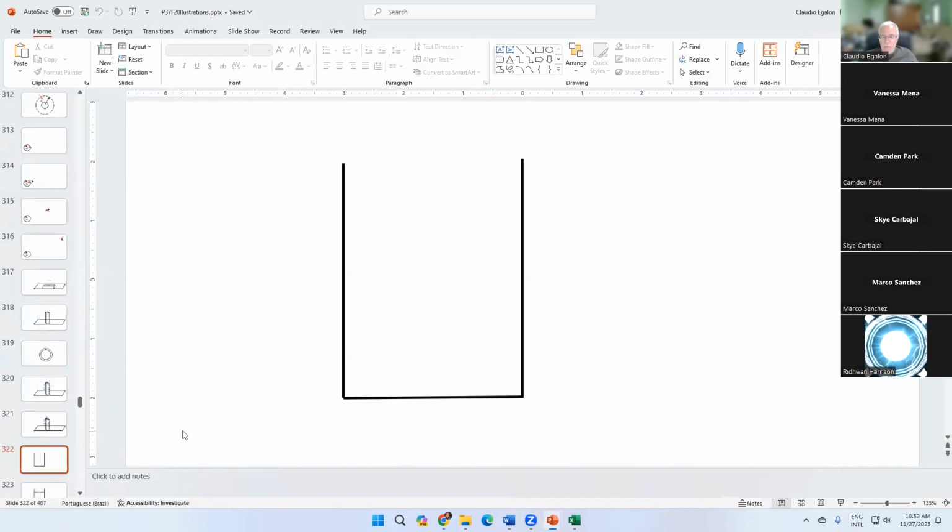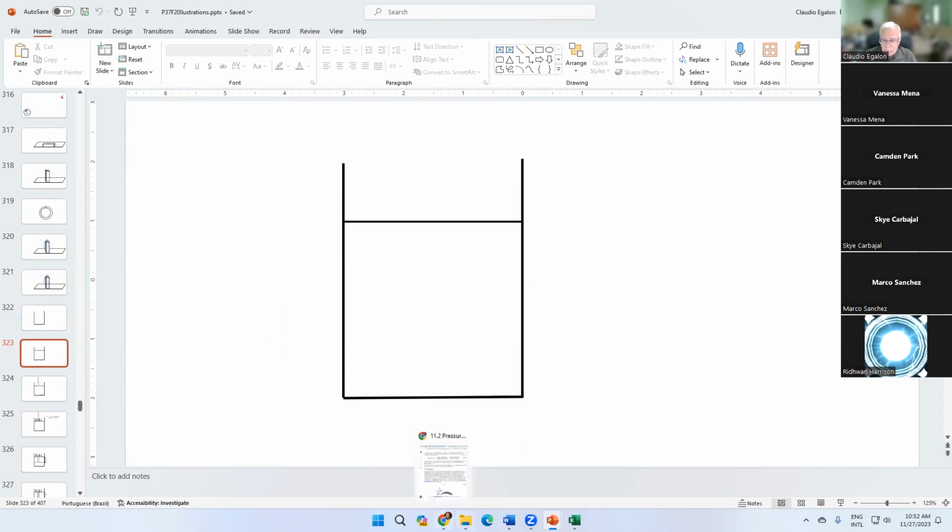And consider this container, and we put water in this container. What we're going to do now is calculate what would be the pressure that a layer of water, a column of water, is going to exert at a different depth. Okay?